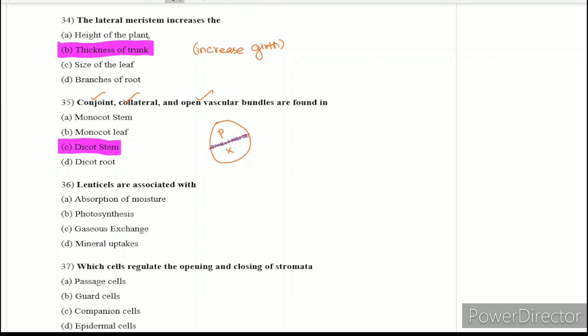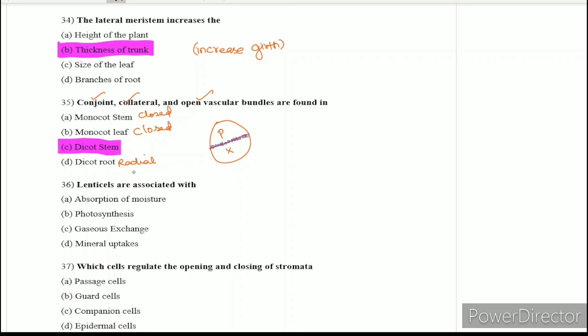In root, it is not conjoint, it is radial. Monocot stem has no secondary growth, so it is closed. Monocot leaf also has closed type of vascular bundle. So the correct answer is dicot stem.